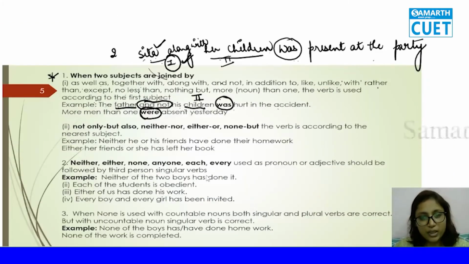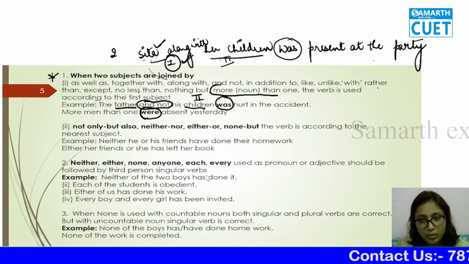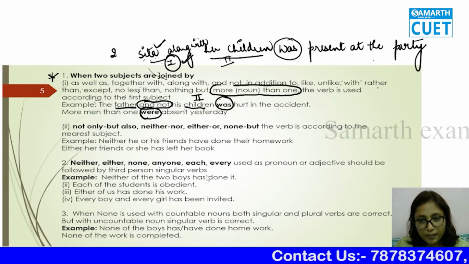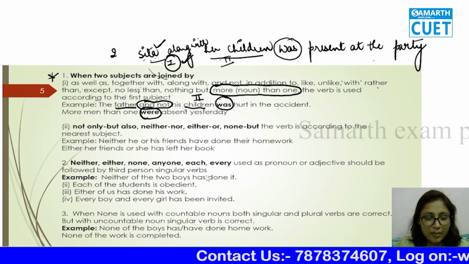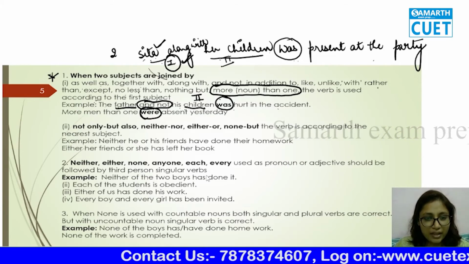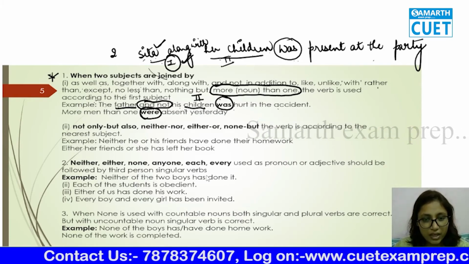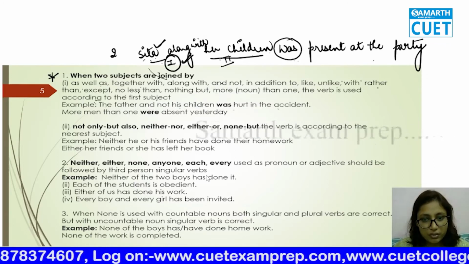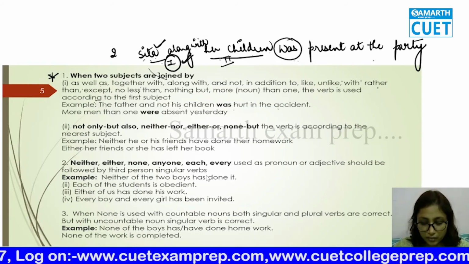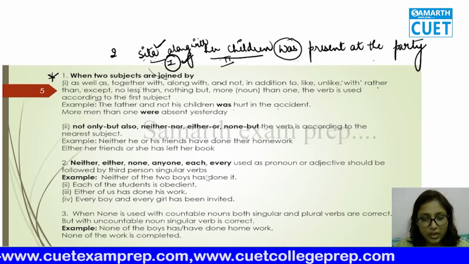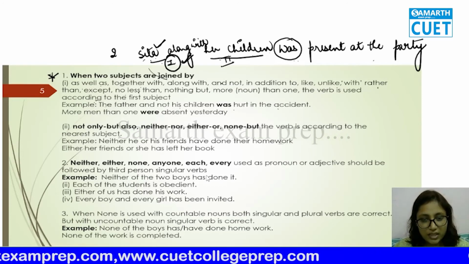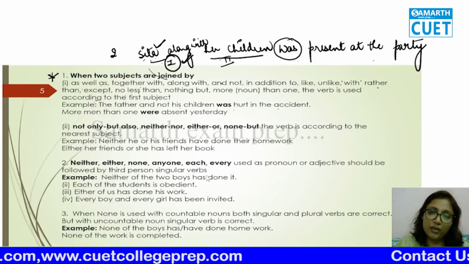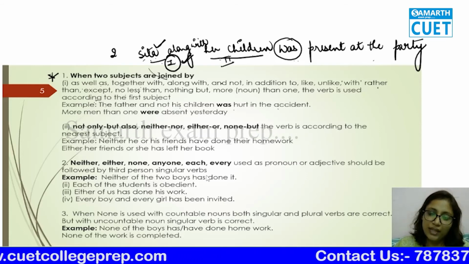Okay, let's come to another example. Like I told you about this, more noun than one. So the example here is "More men than one were present." Let's come to the second one. More noun than one.